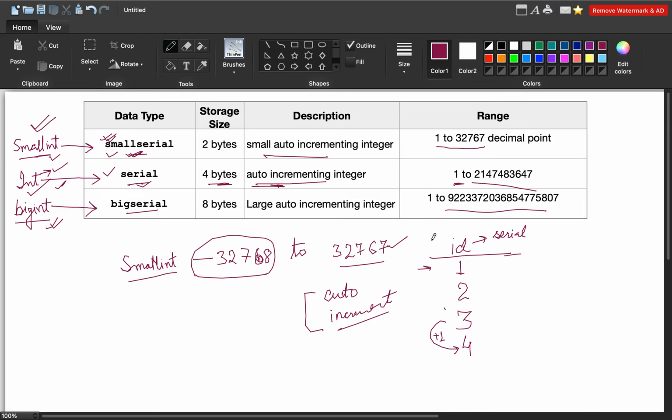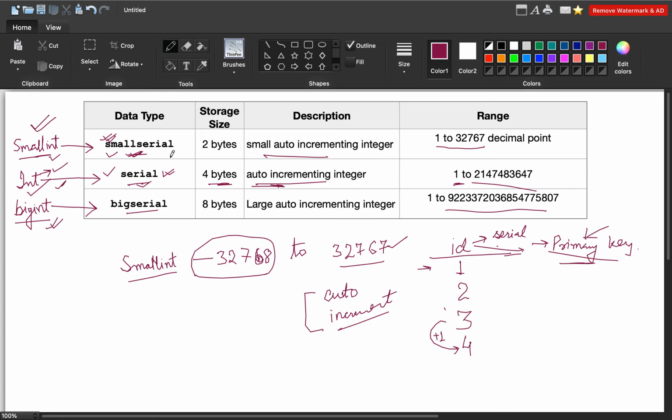In many places, you might have seen they use serial data type to define a primary key, right? They will define a column, let's say ID, give it the serial data type, and mark it as a primary key. Many places you would notice they do that, but it is not advisable.